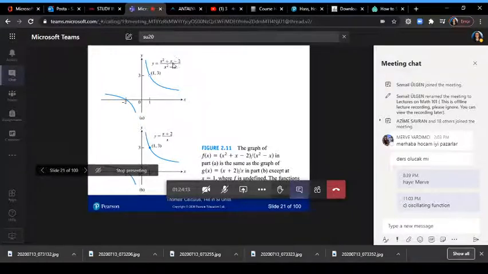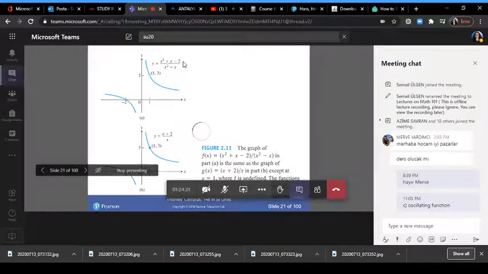Look, if you factor x squared plus x minus 2, you get x plus 2 times x minus 1 on top. And if you factor x squared minus x, you get x times x minus 1. If you cancel the x minus 1's, you get this function left, x plus 2 over x, okay?